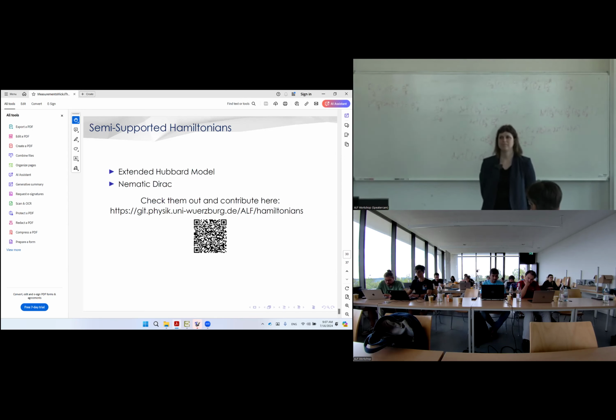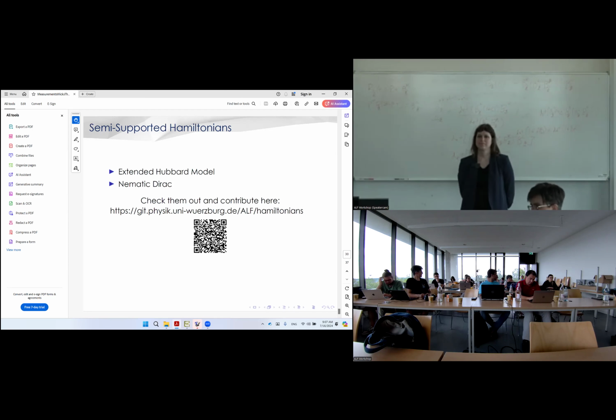And the idea is really, hopefully, that every one of you who uses ALF, at the end of the project, you provide the Hamiltonian, you upload it there. You have a minimal documentation, 2 pages, 1 page, and you make it available to the community and also to the referees. We've been talking about this for 2, 3 years now. And in 2 years, we managed to get 2 Hamiltonians. So it's not working so well, but we never give up. That's the point.